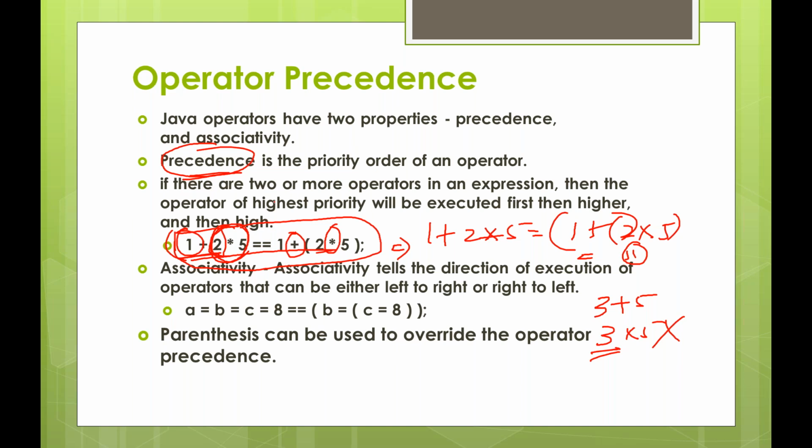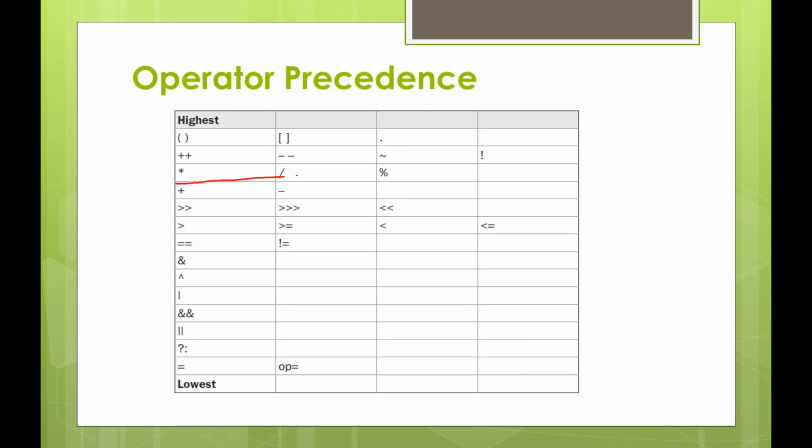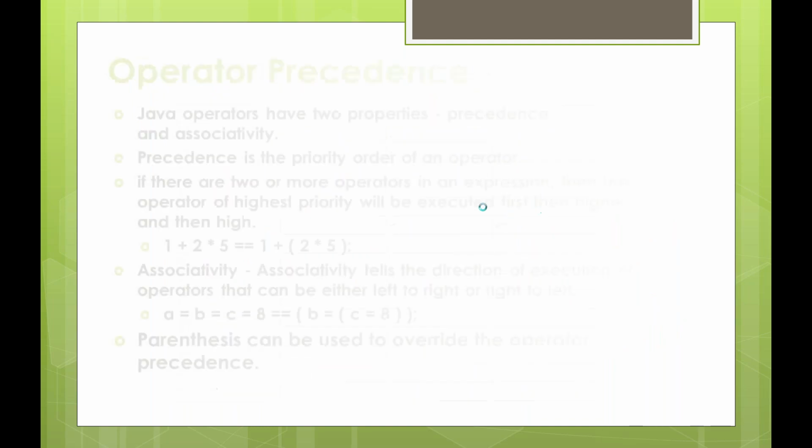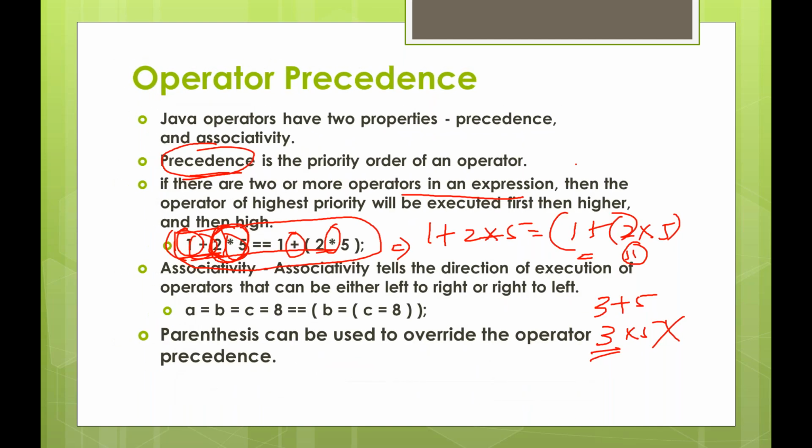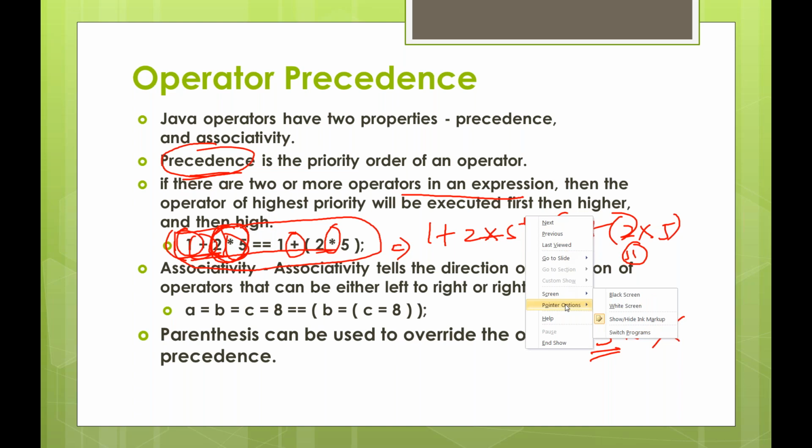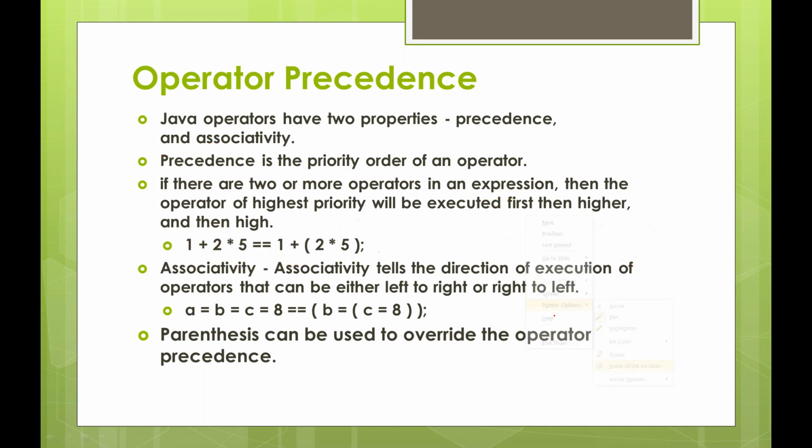Whenever you see an expression that has operators within the same hierarchy, like this one and this one, in such scenarios multiplication will be done first and then the addition operator is done.